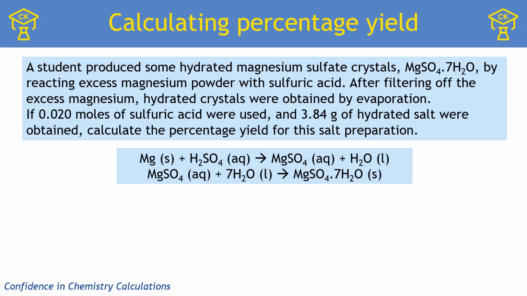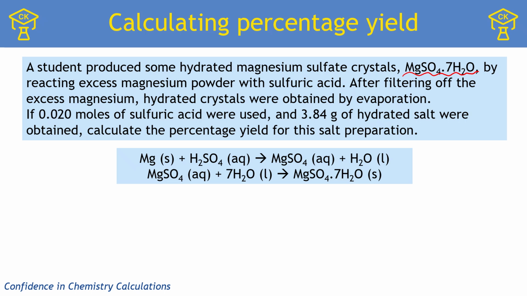This is the second example that I've included because it's quite a common situation to get in an exam question, and sometimes the hydrated crystal part can throw people. So this is a method you've actually seen before of making hydrated salts, of just making salt crystals generally. So there's the formula of the hydrated salt, and I'm going to need to use that when I work out the maximum possible mass.